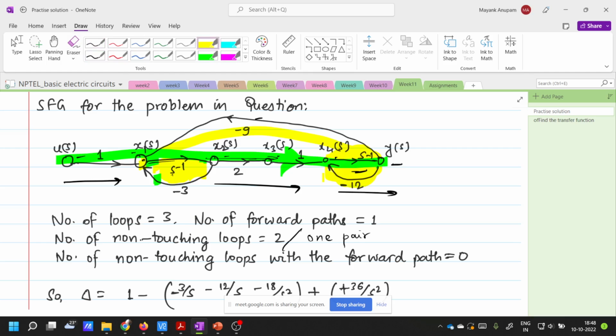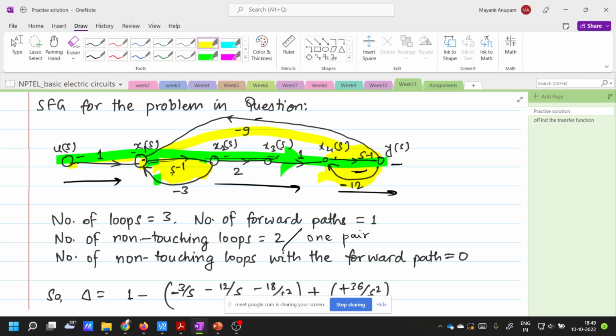Fine. Now you also have to find out how many loops are there which are non-touching with the kth forward path. In this case you have only one forward path, and you just have to check for that forward path whether you have any loop which is non-touching with it. So this is the only forward path here, the one highlighted in green, and you have three different loops.